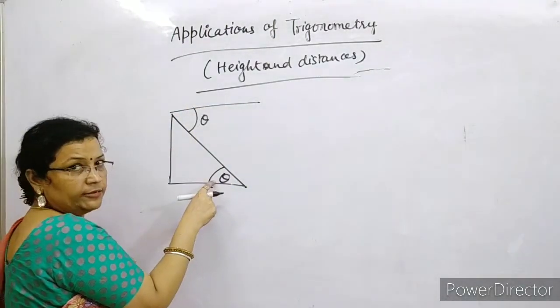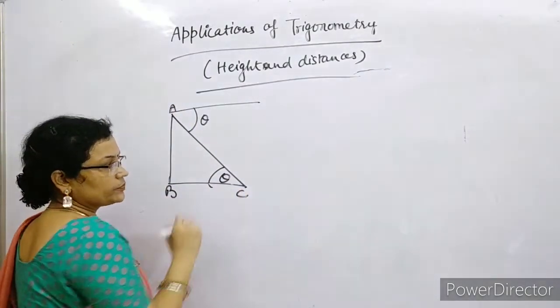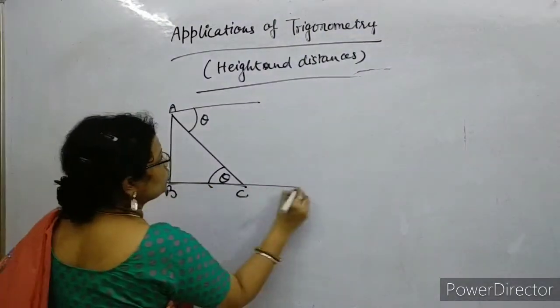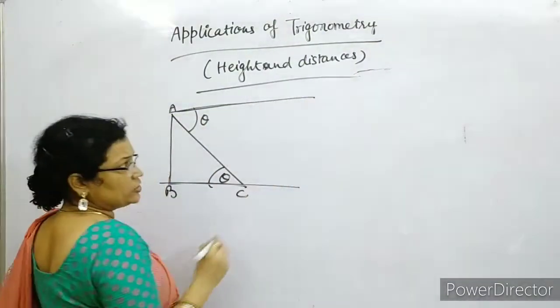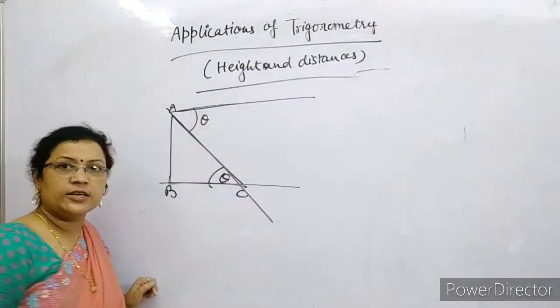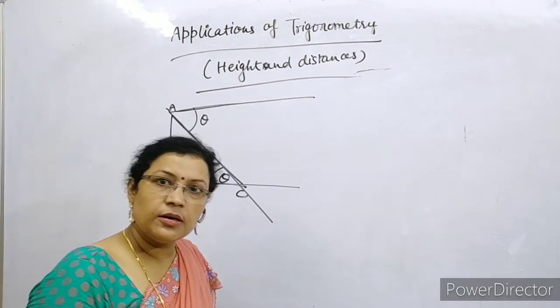This is the angle of elevation and this is the angle of depression. As we can see, these two lines are parallel to each other, and then AC works as a transversal. We know that alternate angles are equal.